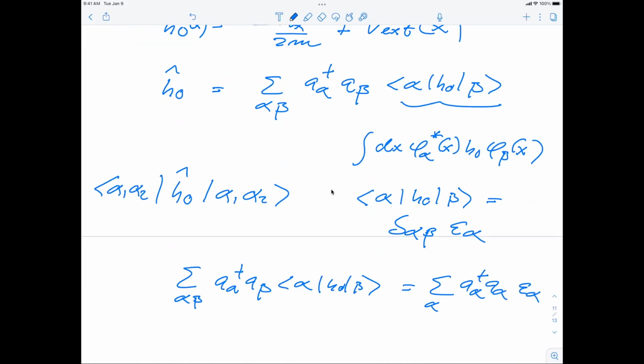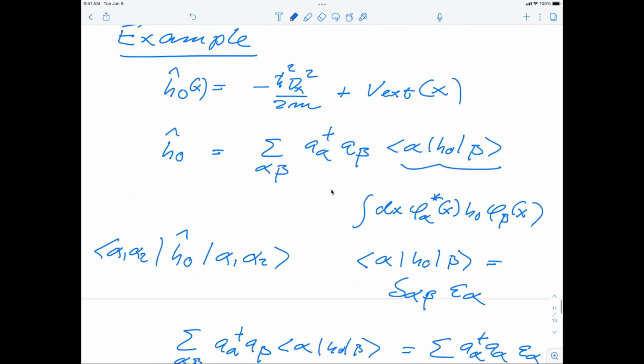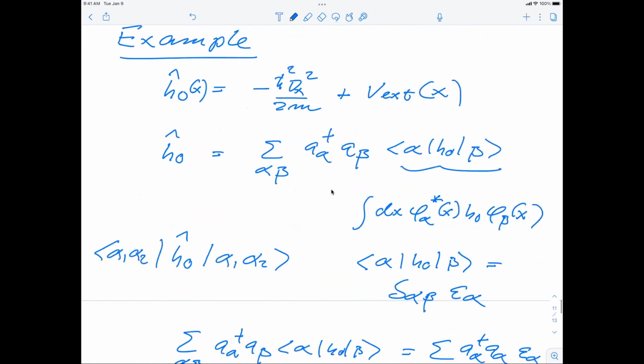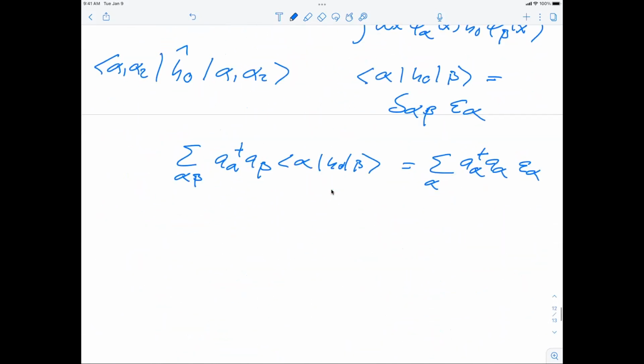Now if you go back to the number operator, we did parts of the calculation already, but we have to be a little bit more careful. When we calculate this expectation value, we need to evaluate a term which goes like alpha 1, alpha 2, with a alpha 2, a alpha 1. So we're calculating an expectation value, and then we need to set up this sum.